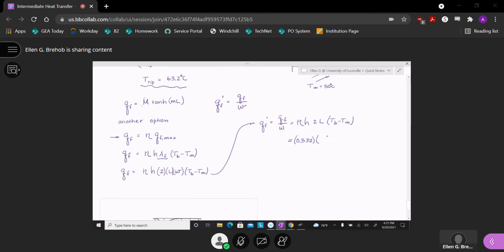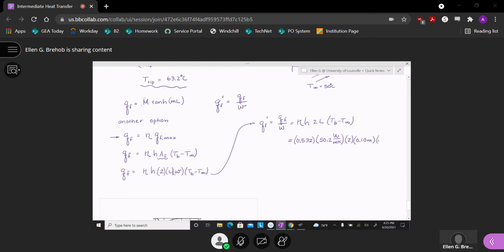Heat transfer coefficient, 50.2 watts per meter squared Kelvin. Times 2, a length of the fin from the base, it was 100 millimeters or 0.1 meter.